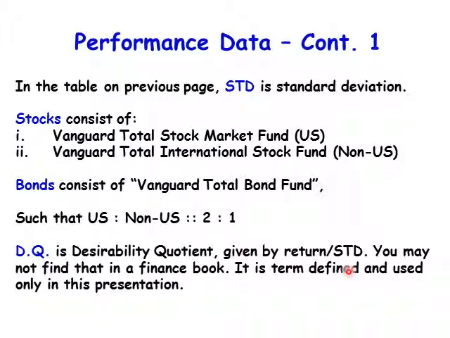It's a term defined and used only in this presentation. If I can make up a term or a ratio or a stat, so can you. If you need a reason to compare some non-standard values, you can define your own and use that. Let's continue.